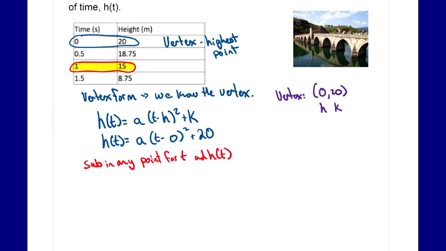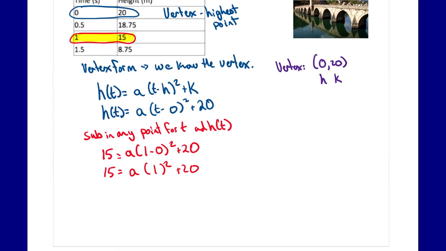So I'm going to plug in for h at t, or the height, is 15, is equal to a times 1 for the time minus 0 squared plus 20. 15 equals a times 1 squared plus 20. Move the 20 over, I can find the squared first. 15 equals a times 1 plus 20.